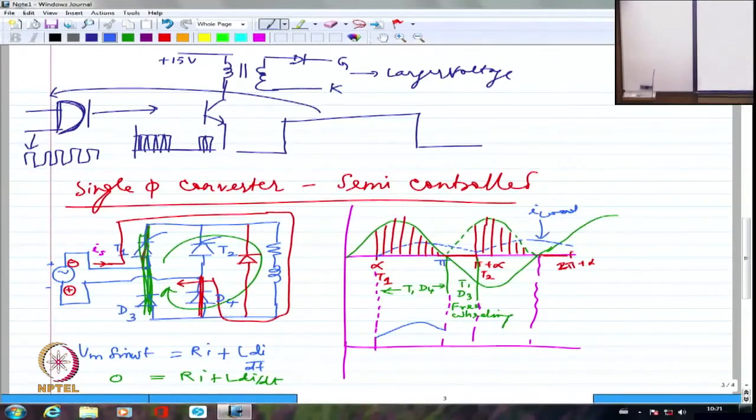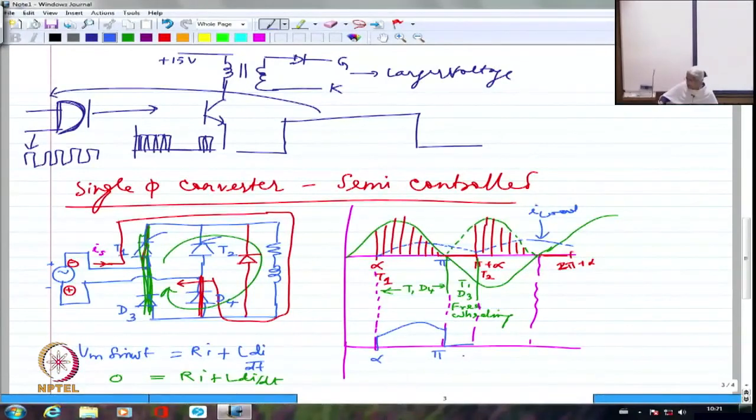But from here to here, the supply is isolated completely. The supply is not in the circulation. Only it is going through the two devices and the load. That's it. So, I will not have any supply current during this portion. So, this is starting from alpha until pi.